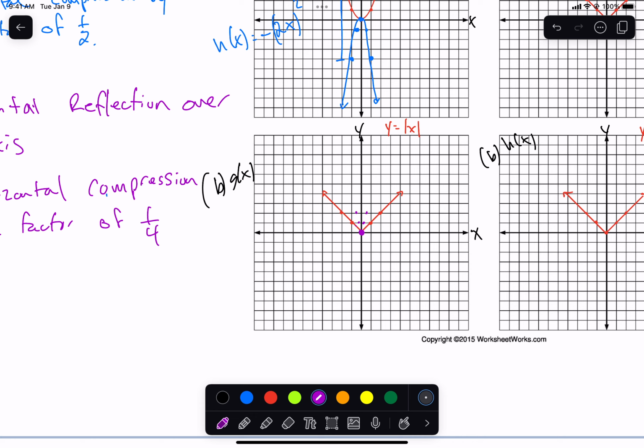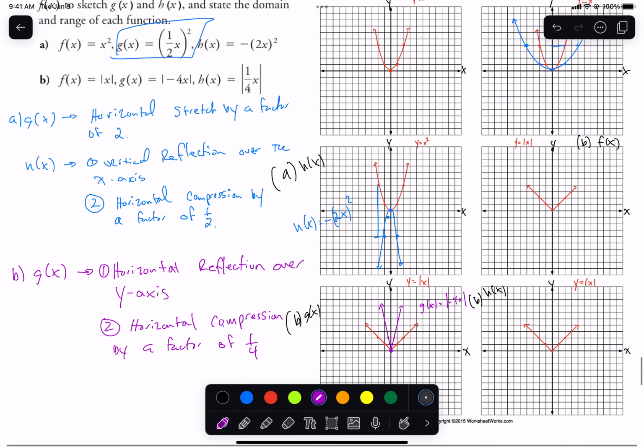So this graph essentially gets very, very skinny because I've pushed on it horizontally by a factor of 1/4, or I cut the x values to a quarter of their distance away from the y-axis. So that's going to be your graph. G of x is equal to the absolute value of negative 4x.